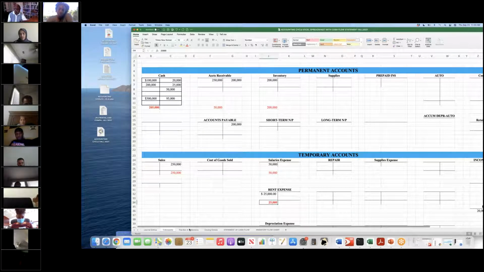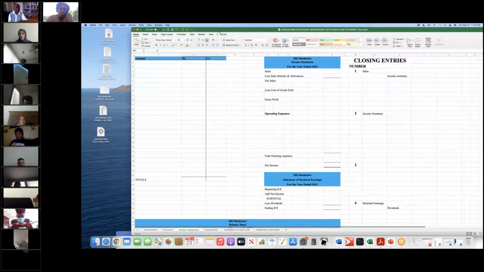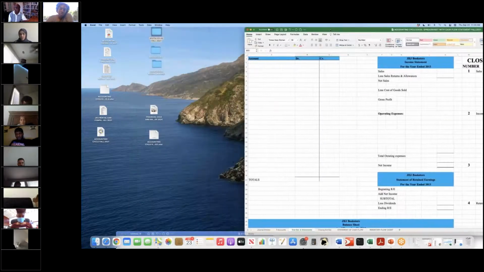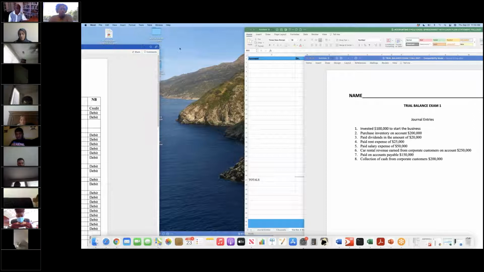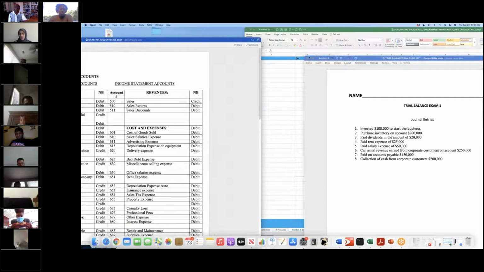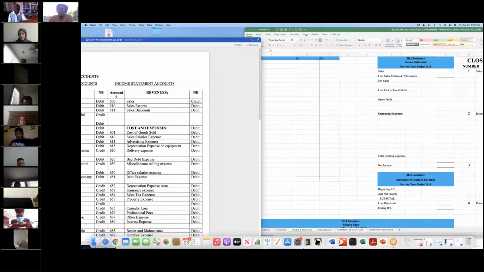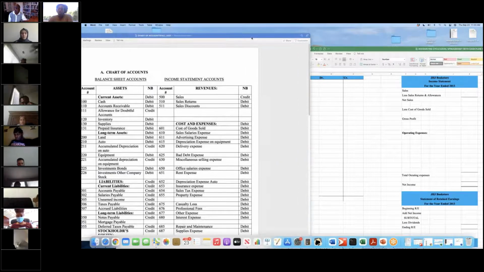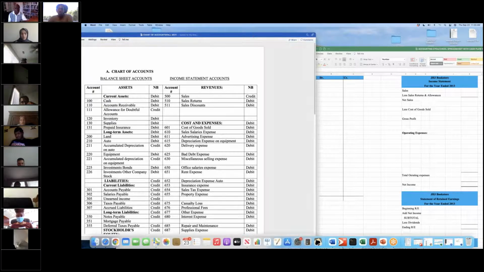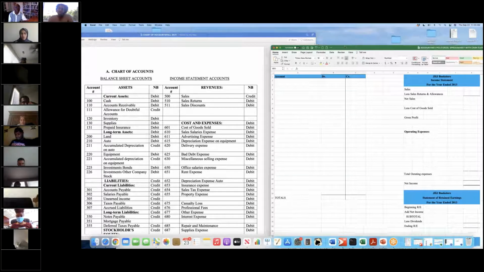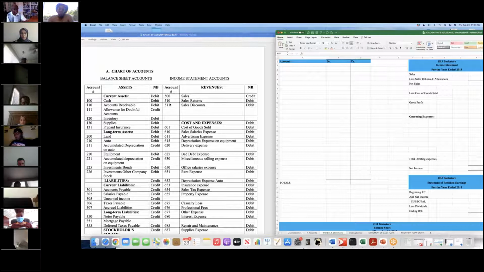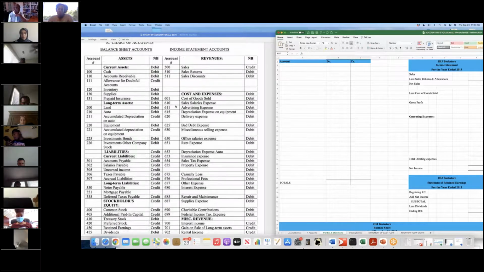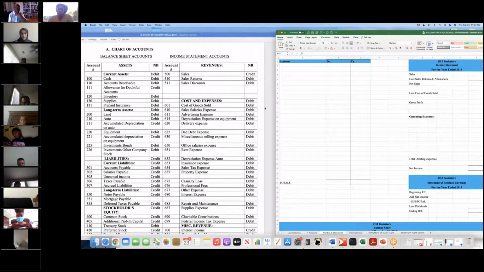So let's see if we can get the trial balance. And what I told you about the trial balance is that it had to be in the order of this chart of accounts.